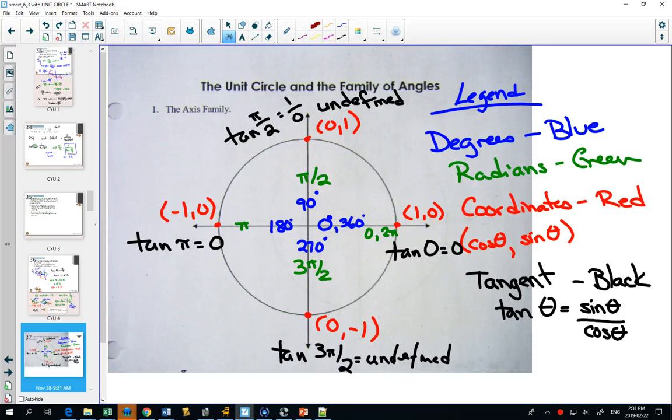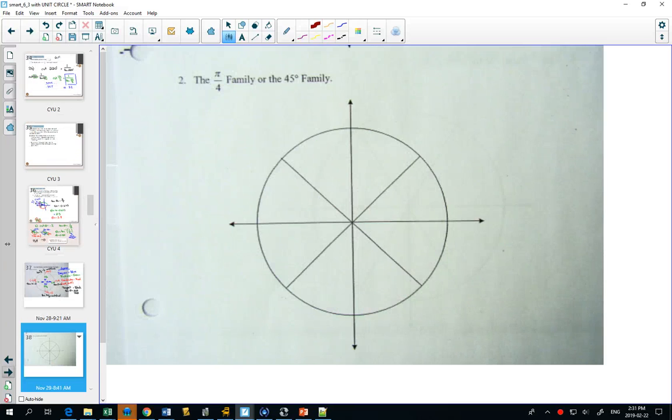So the next family that we look at is the 45-degree family. Now, the 45-degree family includes all angles that have a reference angle of 45 degrees. So if I start in degrees and say this angle in standard position would be 45 degrees, if this reference angle is 45 degrees, what is this angle in standard position? 135.